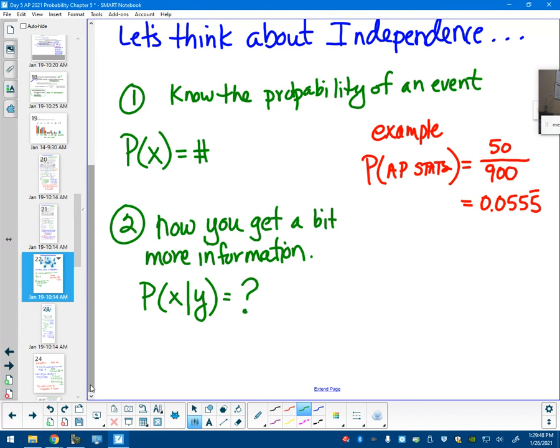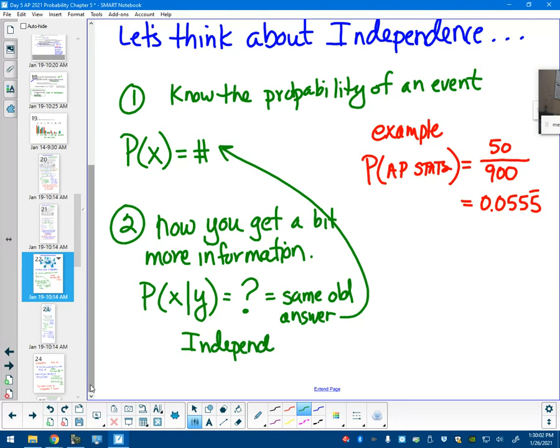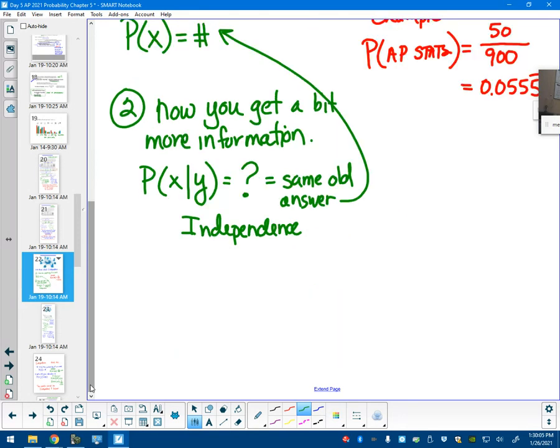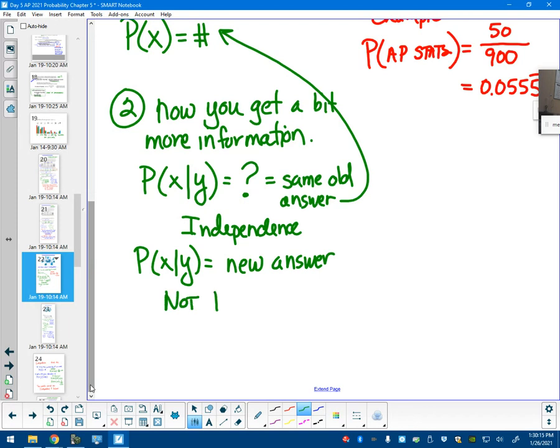If this new probability is equal to the same old answer from before, then you have independence. But if the probability of X given Y equals a new answer, then you are not independent. There is some relationship going on here. There is some kind of confounding variable in the background that you're not aware of.